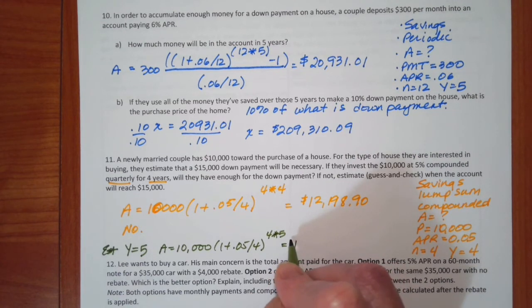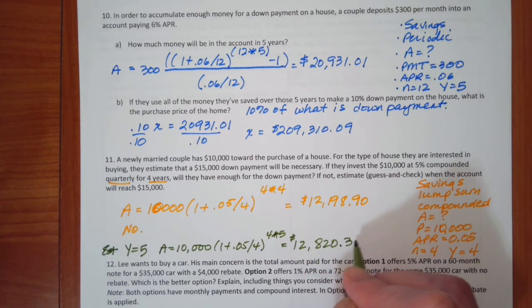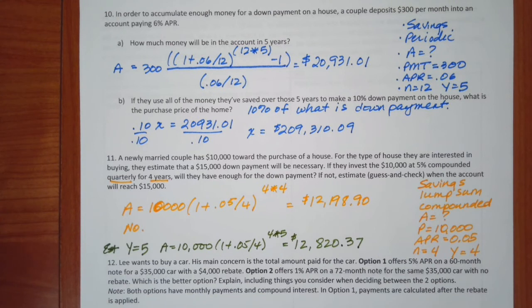Okay, that's going to be 12,820 and 37 cents. So let's go to 10 years and let's see. Well, that put me over.